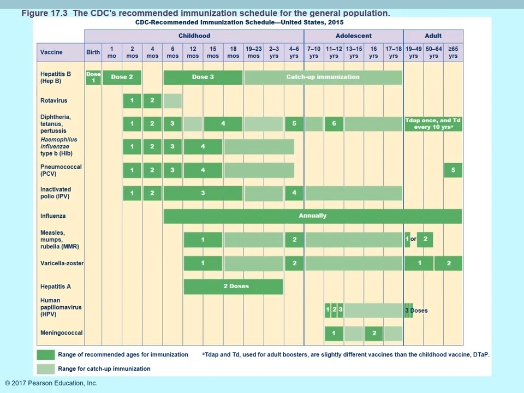So just be aware of it. If you are working in a clinical setting where you would be administering vaccines, say in a pediatric office, you're going to have the most current chart of when to administer the initial vaccine and when boosters are due.